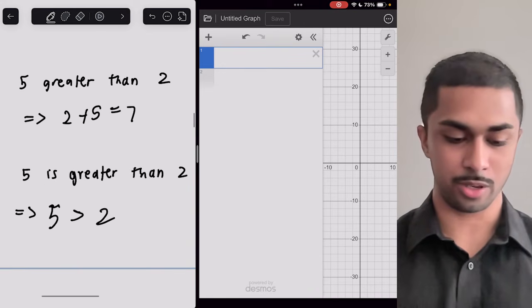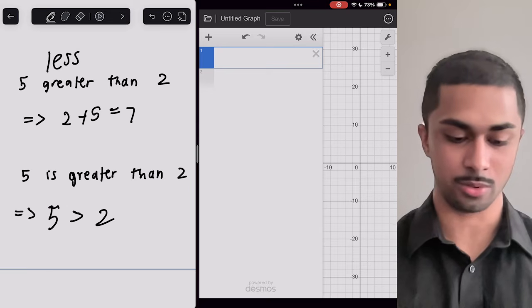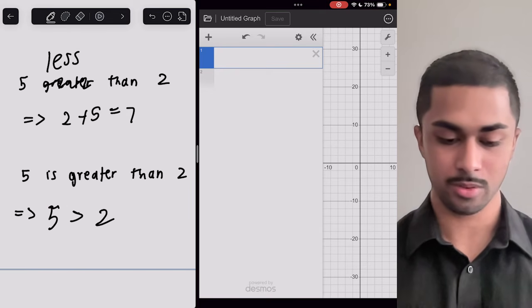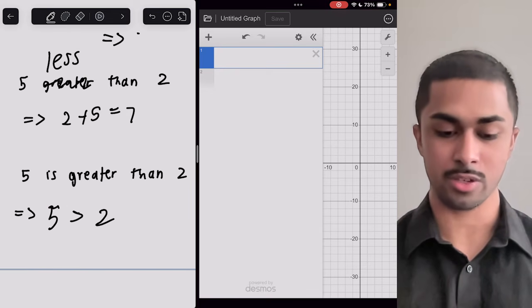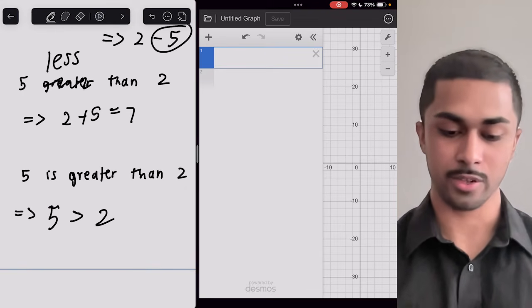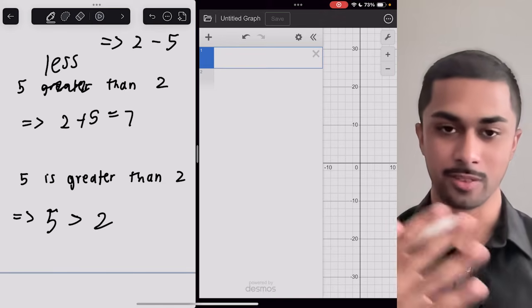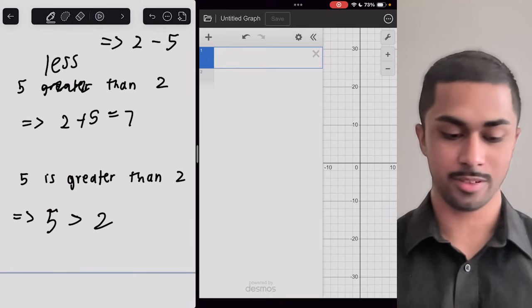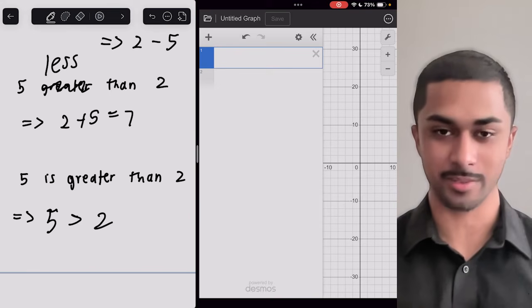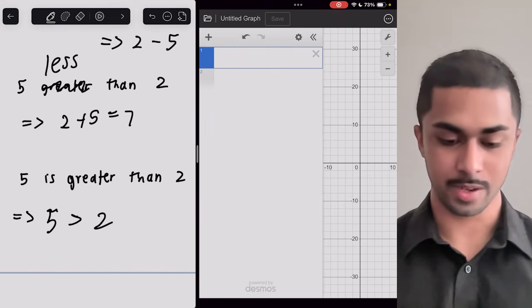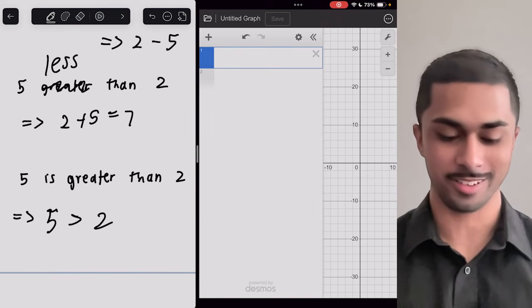For example, if we say 5 less than 2 instead of 5 greater than 2, then this would instead be 2 minus 5. You subtract the 5 at the end, right? Because 5 less than 100 would be 100 minus 5. It wouldn't be 5 minus 100, right?